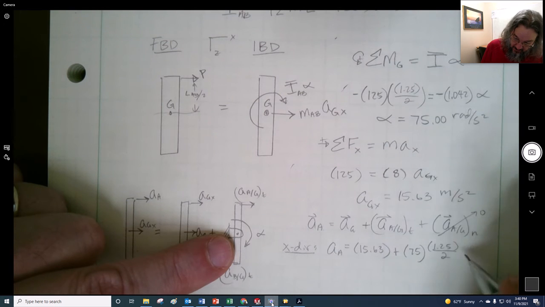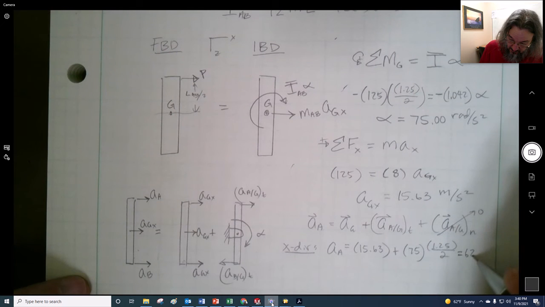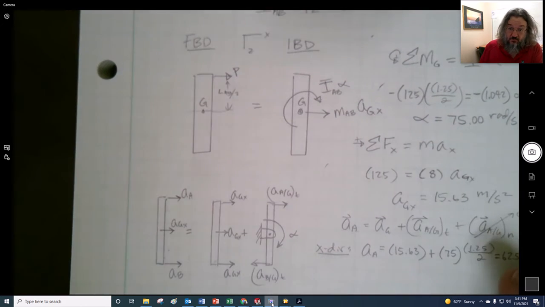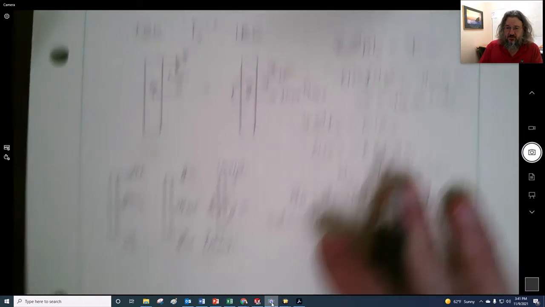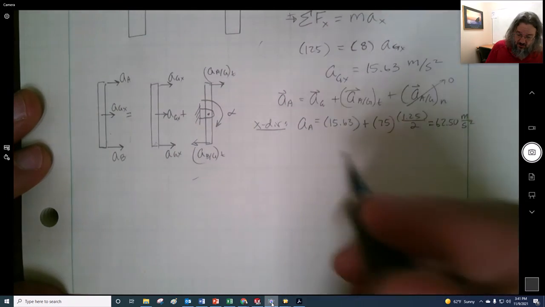So we get, I guess I'll just write it over here, 62.5. And these are meters per second squared. We can do the same thing. Let's see, I'll move this down here. Okay, there you go. I don't have to move my keyboard if I do that.